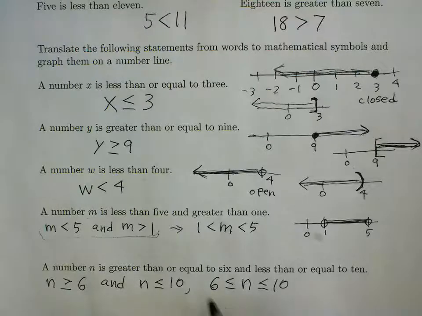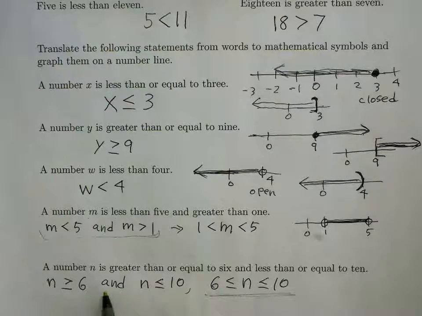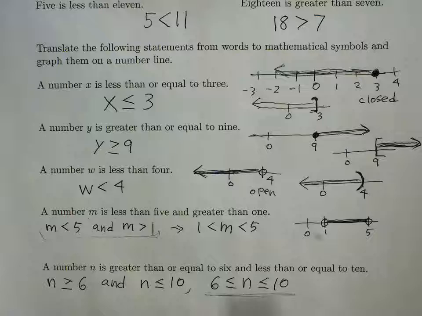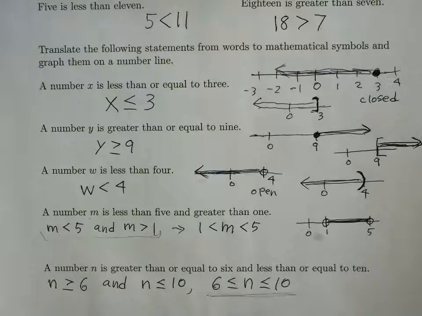So this is the conventional way. It's not that writing the word "and" is incorrect, but this is more compact, and once you understand the notation, this is going to be more convenient.